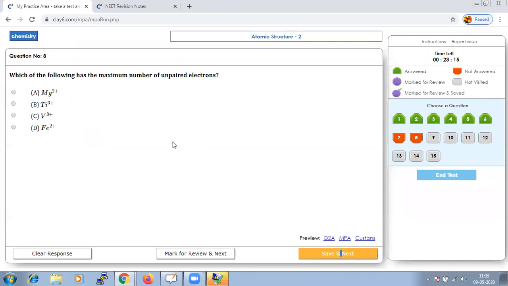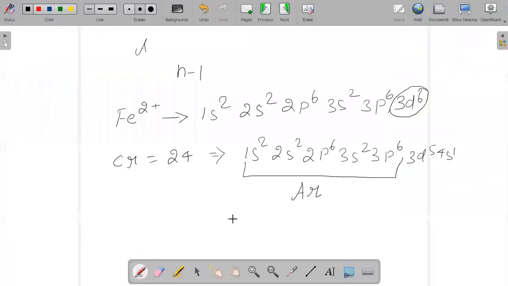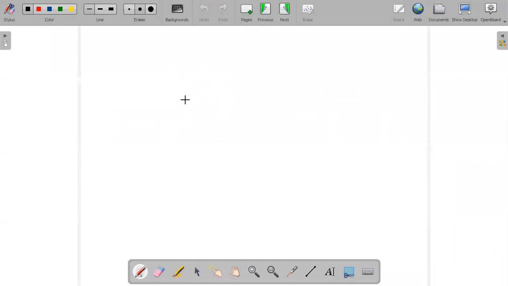Which of the following has the maximum number of unpaired electrons? It's important. We have to do a simple step, that is, do the electronic configuration of each one given in the options.